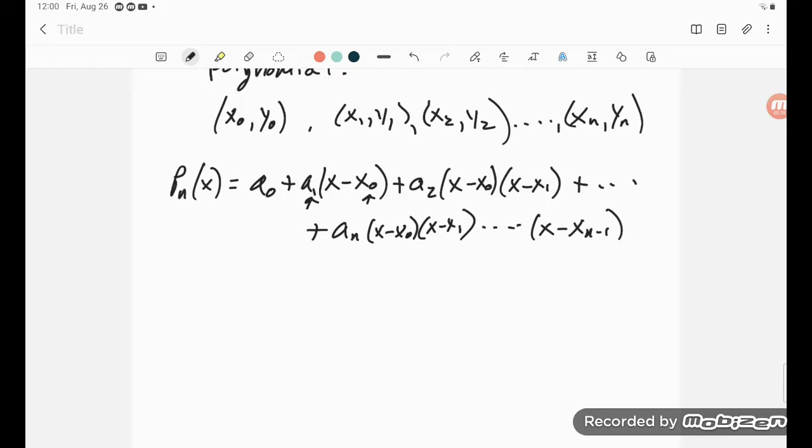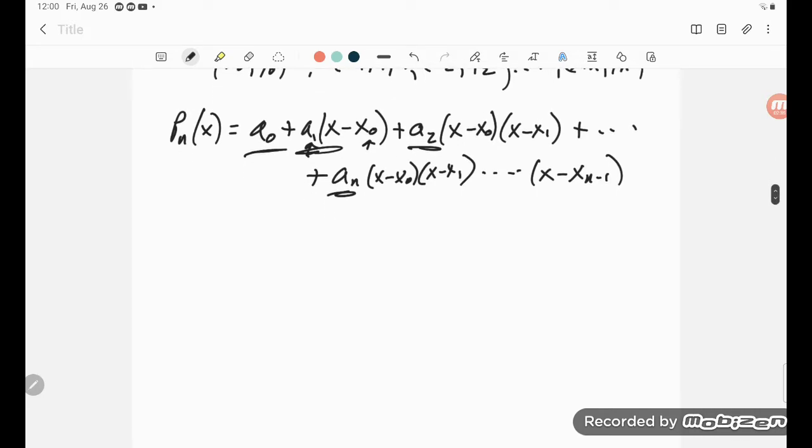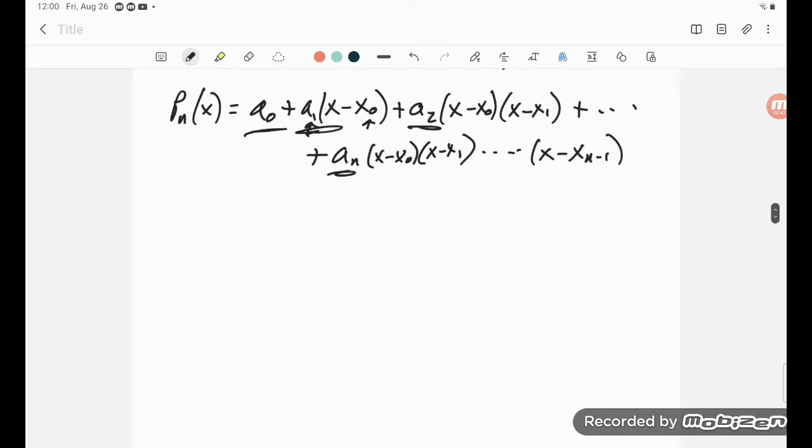And so let's figure out then, well, how do we get our a0, a1, a2 up to an? Well, again, we can kind of exploit the structure here, because notice if I take Pn of x0, I'll get a0 plus a1 times x0 minus x0. Oh, but that's 0.